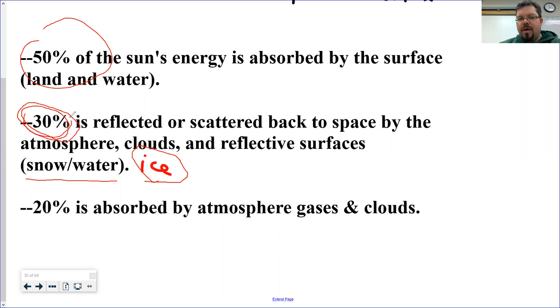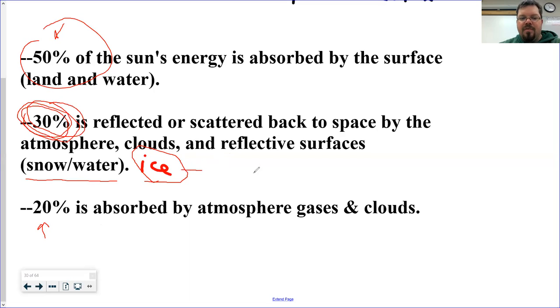It's good that 30% is reflected and scattered back into space because this prevents too much absorption. We'll get more into that in just a second.